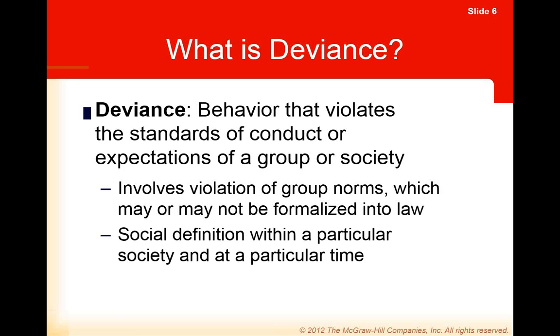There is no law about that. But group norms, of course, exist within a particular society and at a particular time. So we're looking at what a particular society defines as norms of behavior. In the United States of America, of course, the three norms that I talked about are all norms of behavior here.